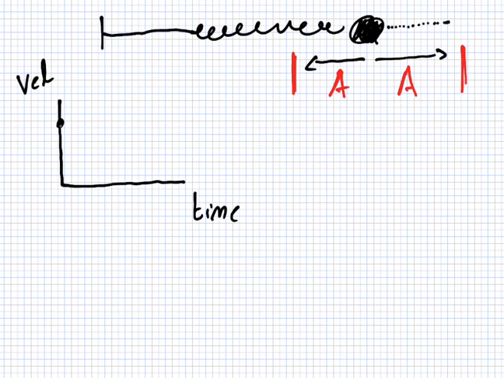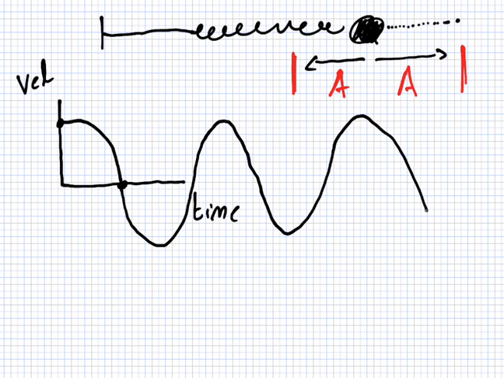Slower, until it stops. Where does it stop? At the end here. And then it goes backwards. So the graph for the velocity will look like this. What about if I did a graph of x and time?